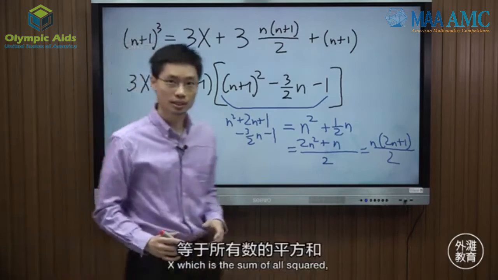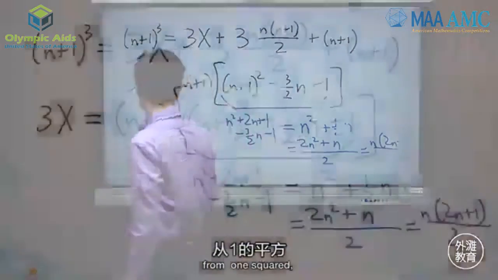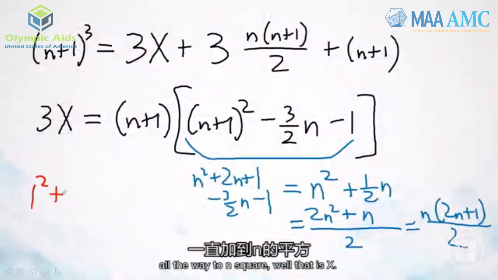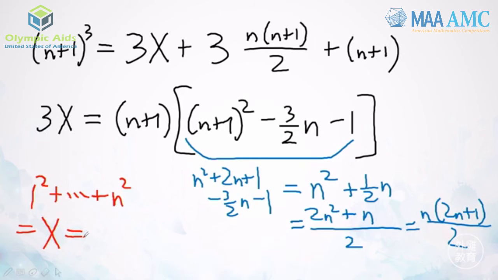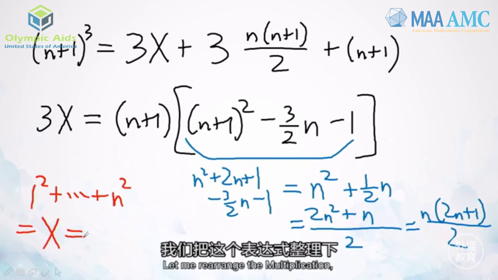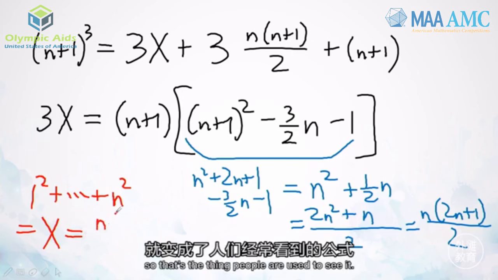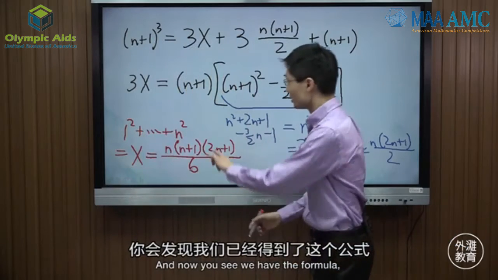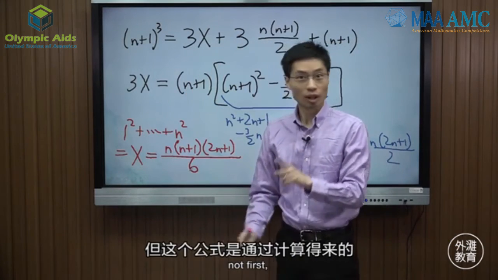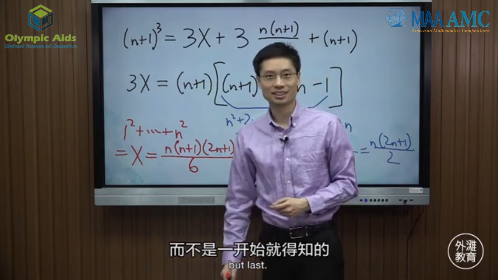X, which is the sum of all of the squares from 1 squared all the way to n squared. Well, that is x, and that is multiply all of these divided by 3. Let me rearrange the multiplication so it's something that people are used to seeing. N times n plus 1 times 2n plus 1, all divided by 6. And now, you see, we have the formula not first, but last.